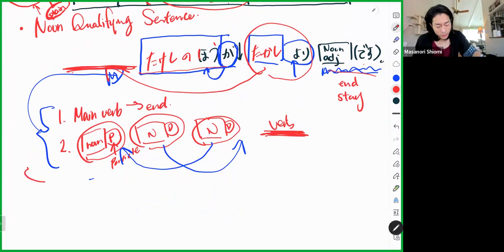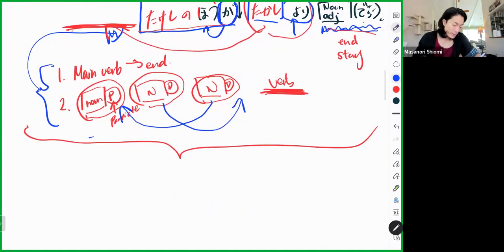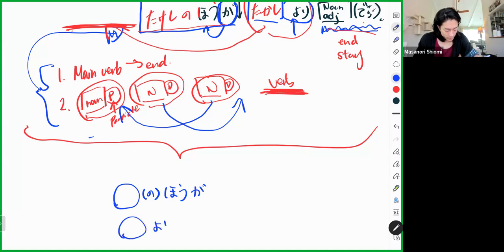So what's important here is really to remember that whatever you're connecting, let me put just no in parentheses, right? Because if we put a verb, we don't need no, right? And whatever we connect with yori, right?